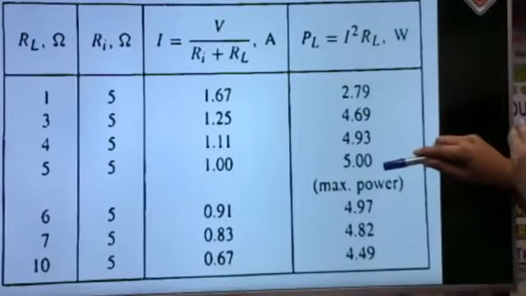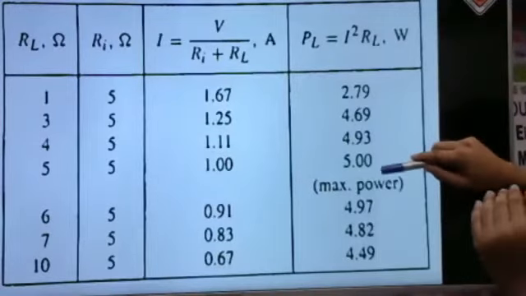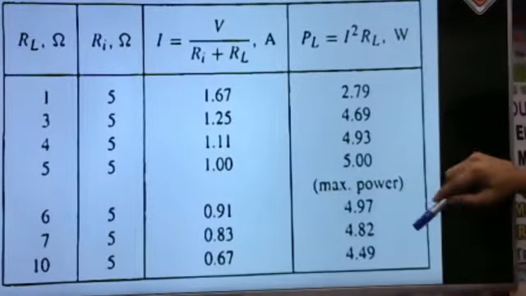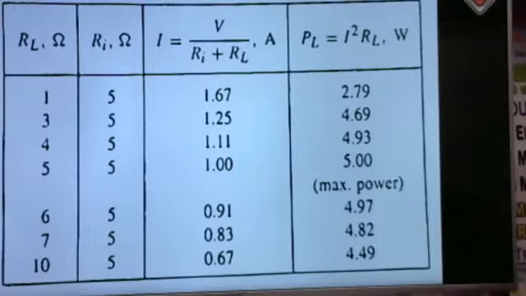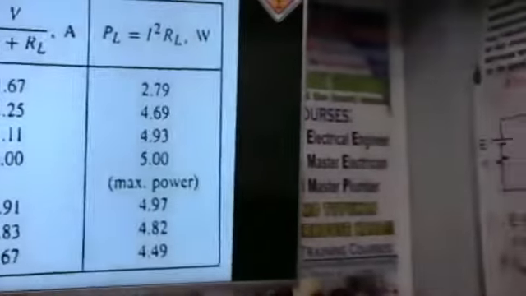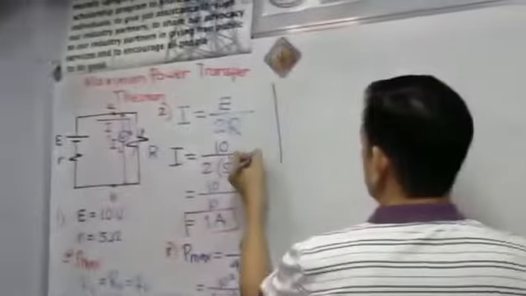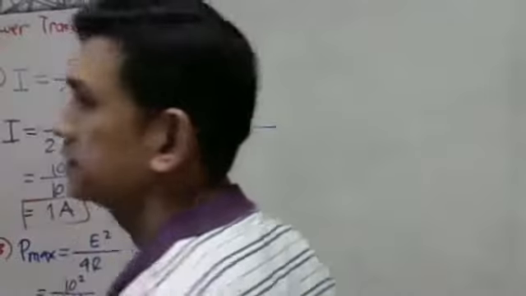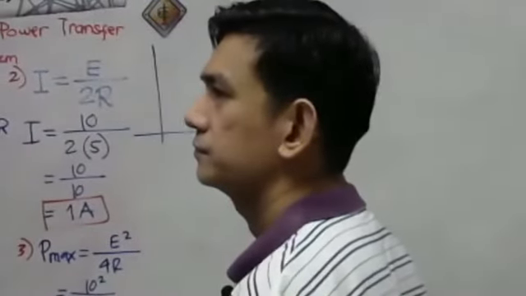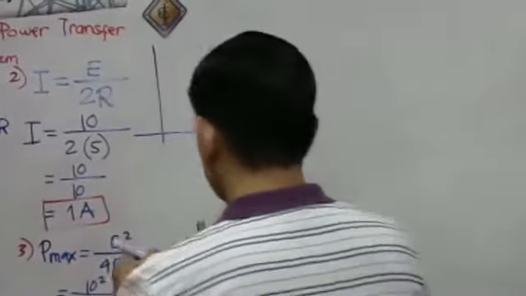It will not go up and up and up. There will be a time that it will decrease from the maximum power. If we are to graph, there will be a graph like this. This will be the graph.